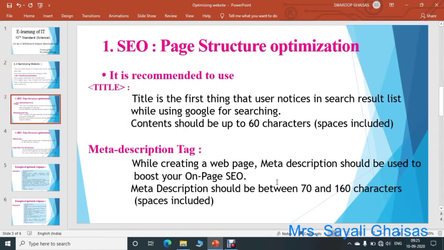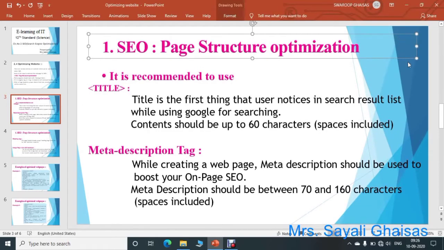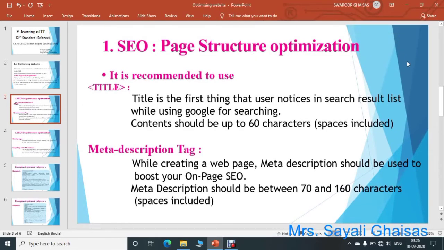Then the second one is, it is recommended to use the title tag. The title tag is the first thing that the user notices in the search result list while using Google for searching. The title tag is always used in the head tag, and within the title you can specify a title for a web page.